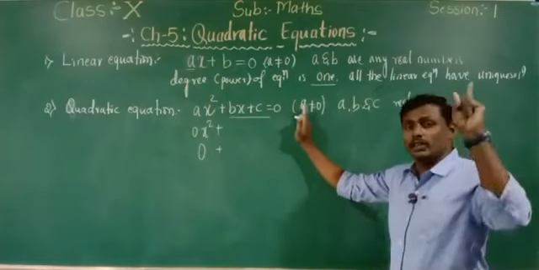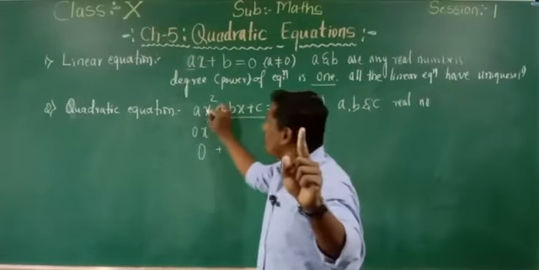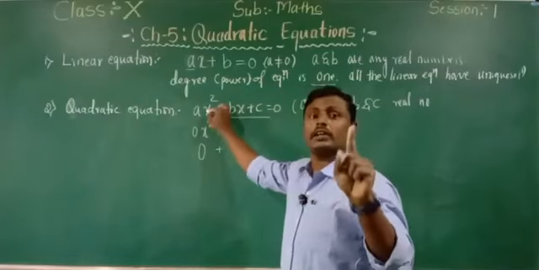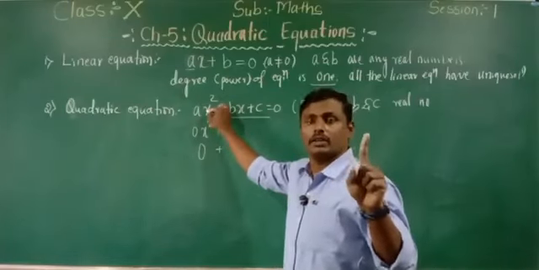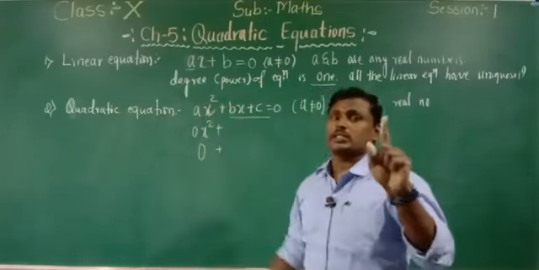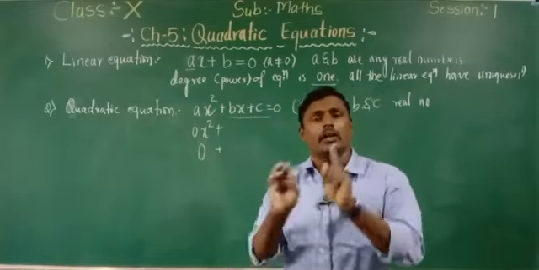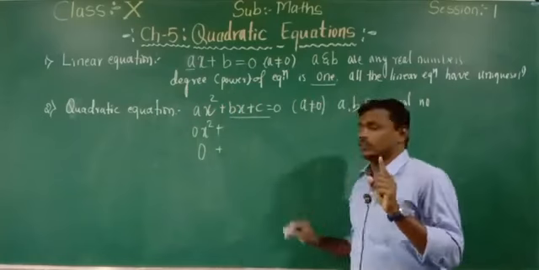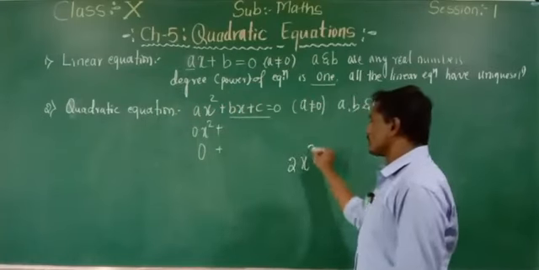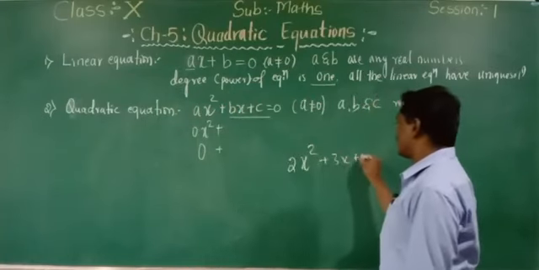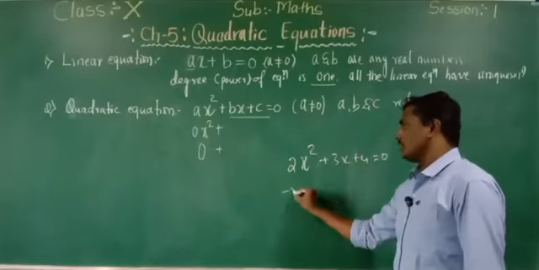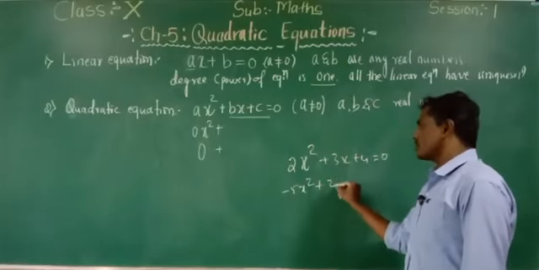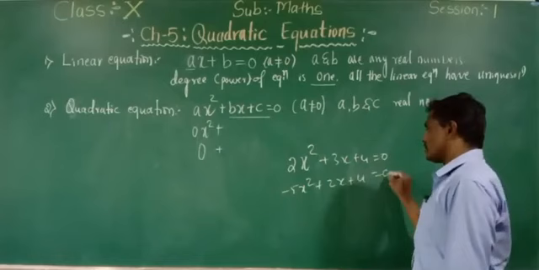It means the coefficient of the x square term should be a real number, whether it is a positive number or a negative number. For example, 2x square plus 3x plus 4 is equal to 0, or minus 5x square plus 2x plus 4 is equal to 0.